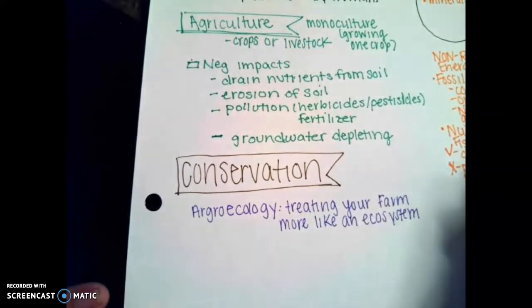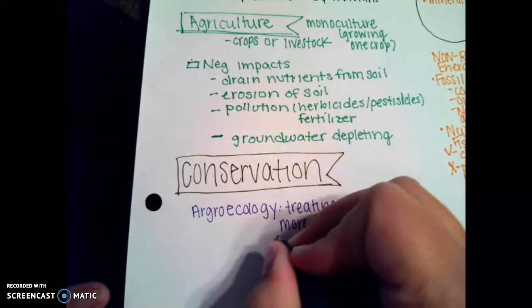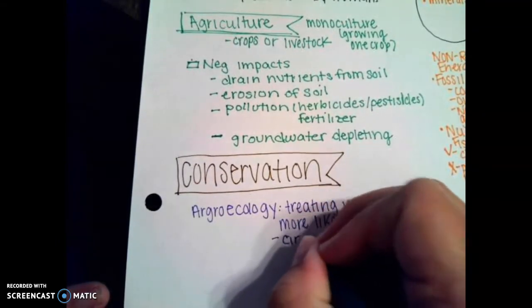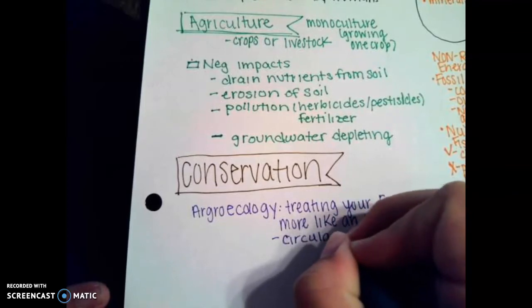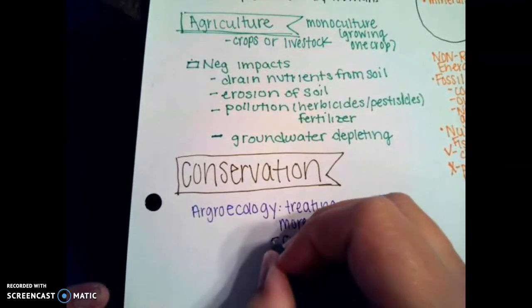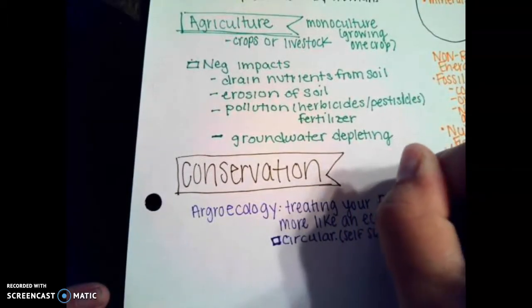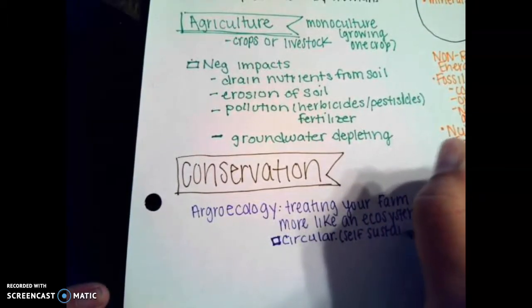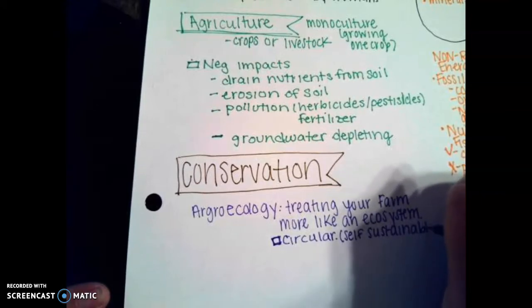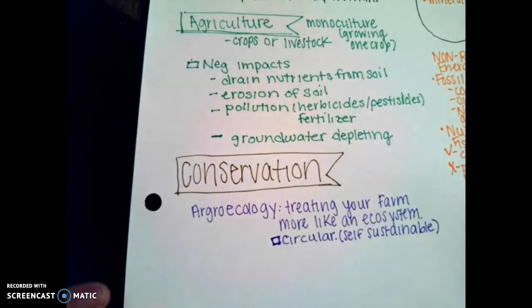One of the big things about ecosystems is that they are circular, or they function in a circular way. Actually, most all nature does. That makes it self-sustainable. You don't need to add any products, or you don't need to add as many products. And the farm in general is just healthier.